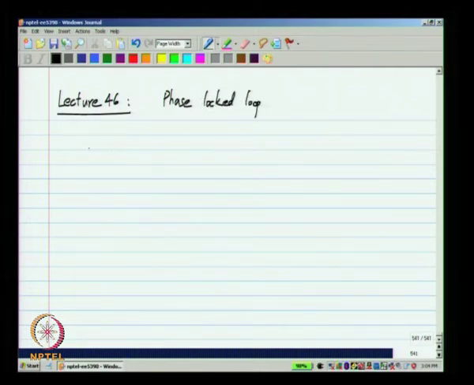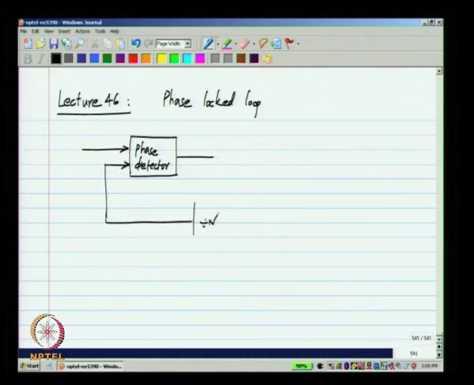The system we came up with was like this. We have a voltage controlled oscillator which generates a controllable output frequency.